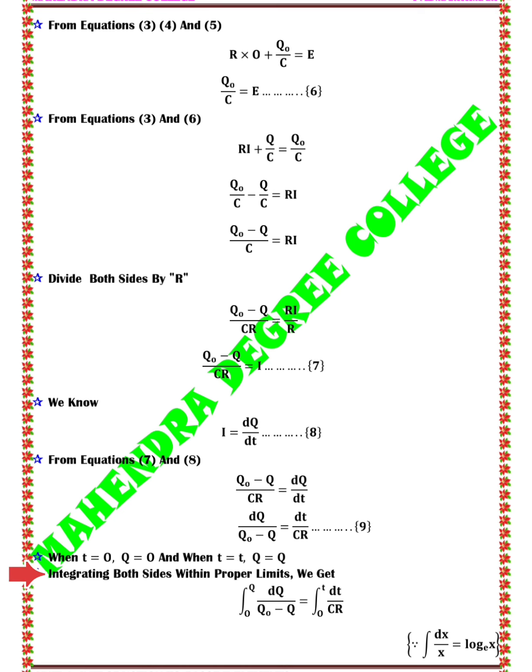Integrating on both sides within proper limits in equation number 9, we get integral 0 to q of dq by Q naught minus Q equals integral 0 to t of dt by CR. We know the formula integral dx by x equals log x.